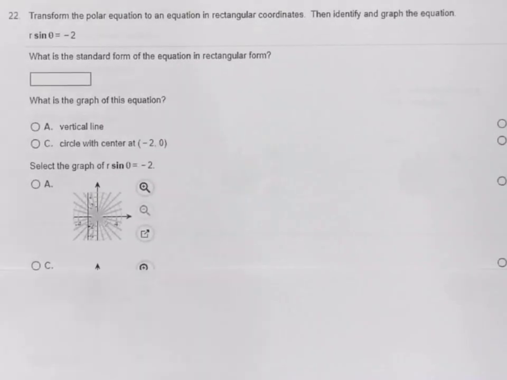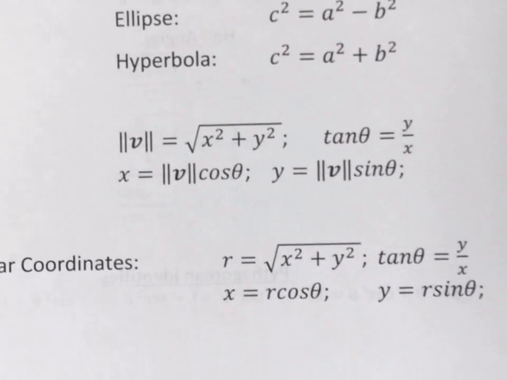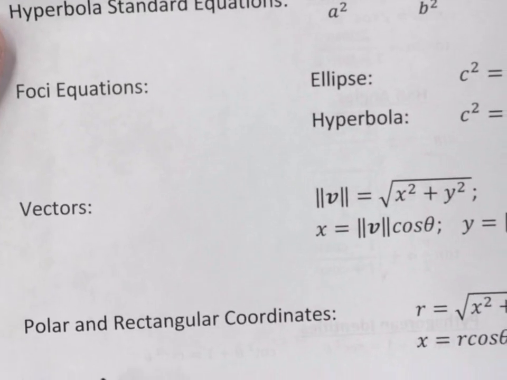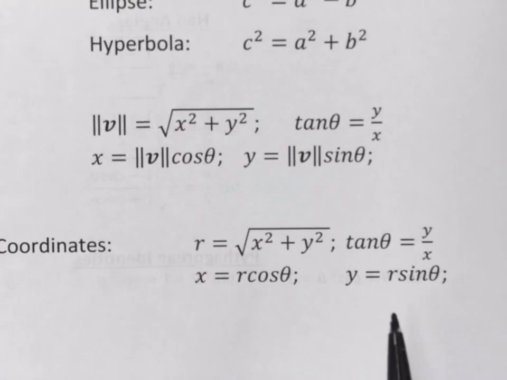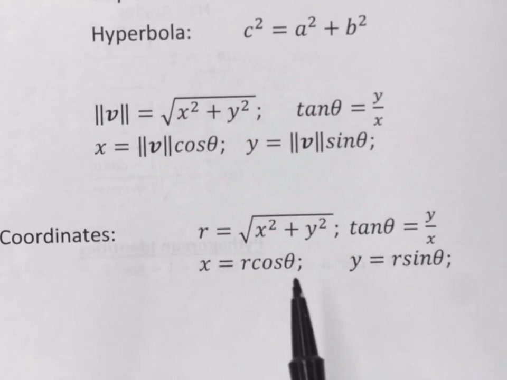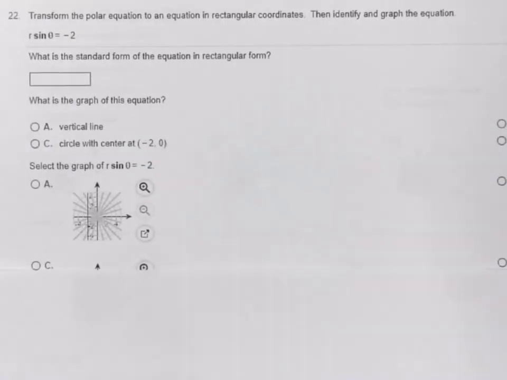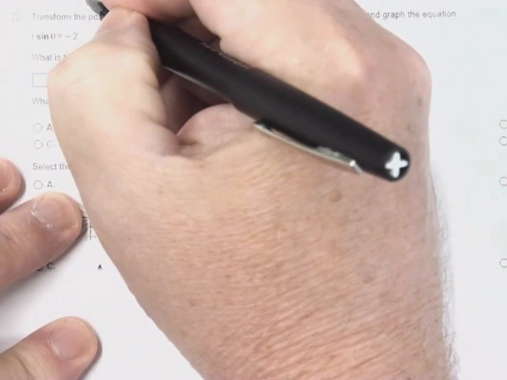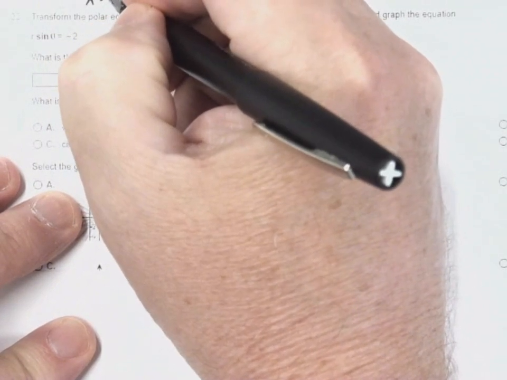Let's go back and look at our formulas to see if we can figure out something. Here's the polar and rectangular coordinates. I notice I have x equals r cosine theta, y equals r sine theta. I'll write them down here.